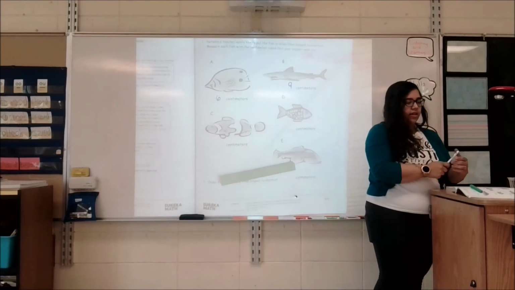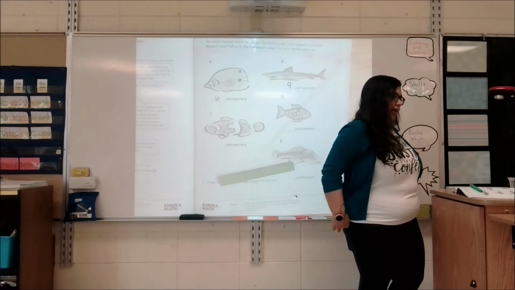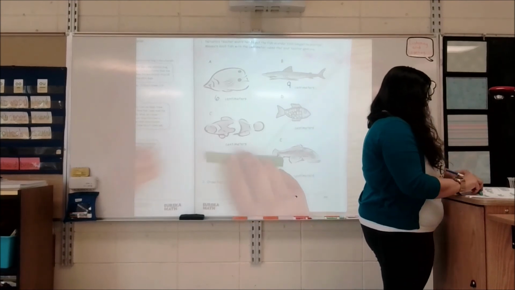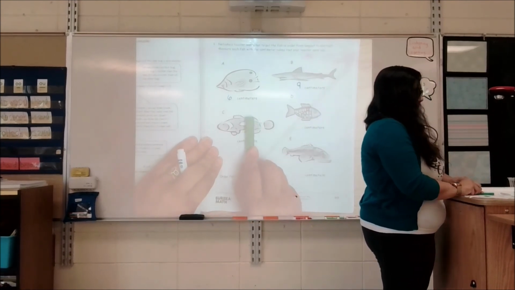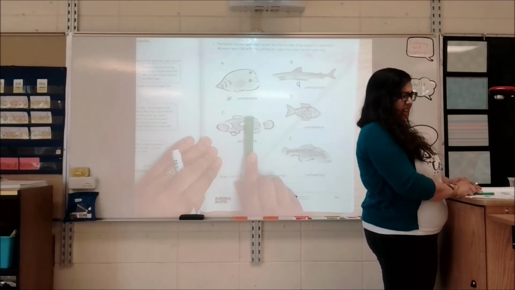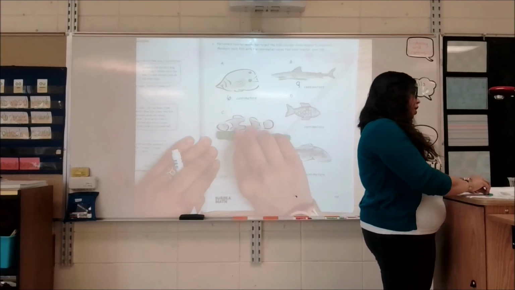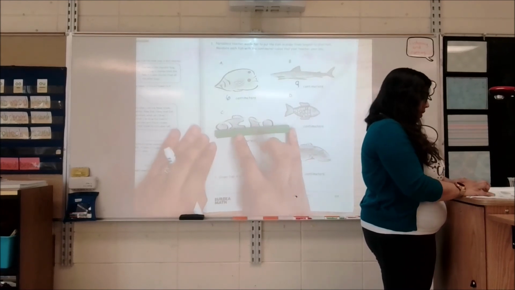Let's keep going. Let's look at this little clownfish, Nemo, Marlin looking guy right here. And I'm going to measure him this way. No, I can't do that. Why not? Oh, we want to know how long he is, not how tall or wide he is.